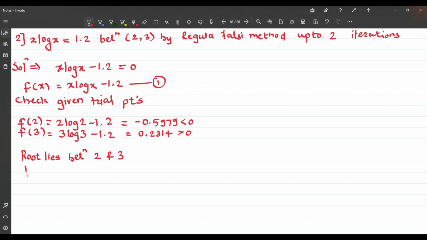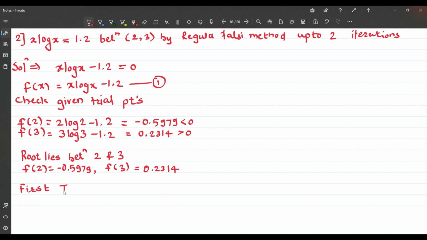For this method we need the values f of 2 and f of 3. So f of 2 is minus 0.5979 and f of 3 is 0.2314. These are the two values. Now we'll go for the first iteration.